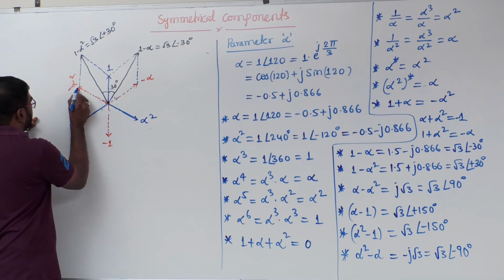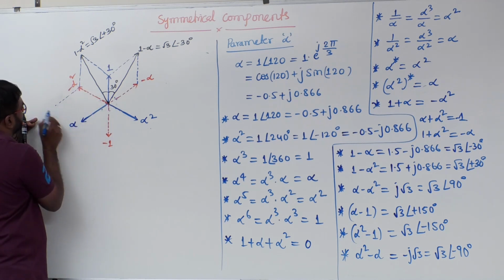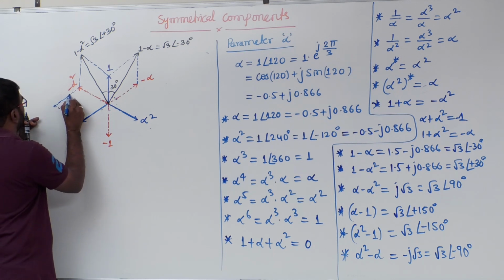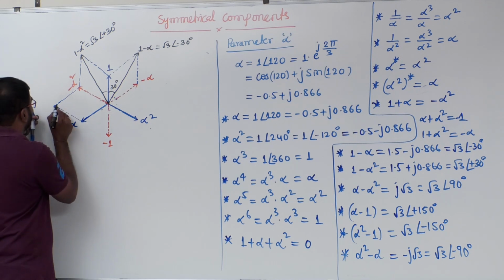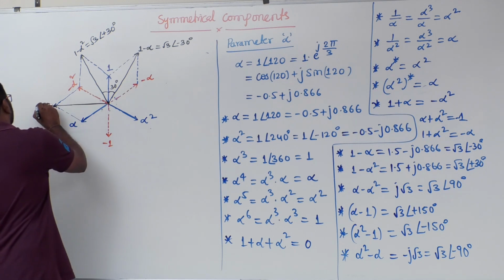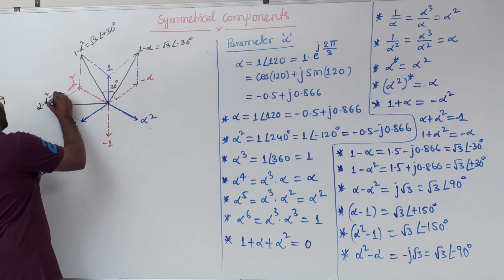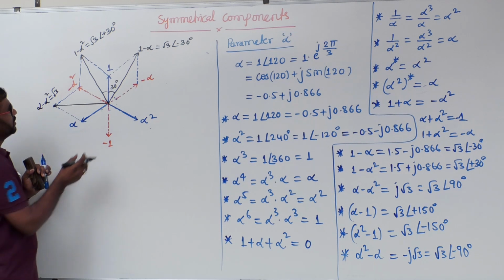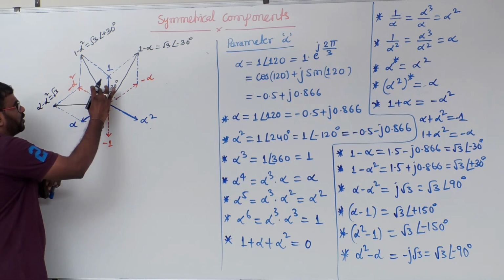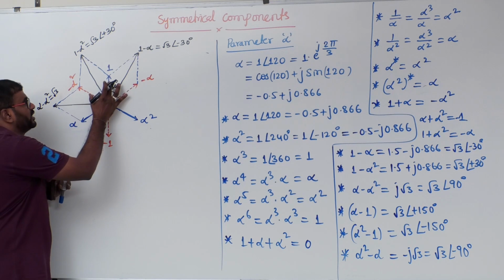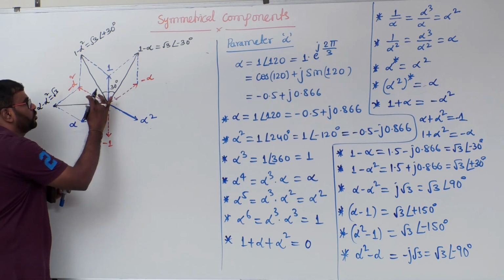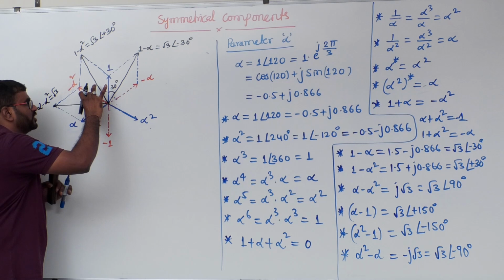Okay. I am just writing this parallel vector here. So this length from origin is called what? Alpha minus alpha square, whose value is root 3 at an angle. Tell me here, this is 30, correct? And what about this? 60. Otherwise, this is 60 degrees, this is 60, means what? This is 30, because this angle is 60. The resultant vector will split this region into equal parts.